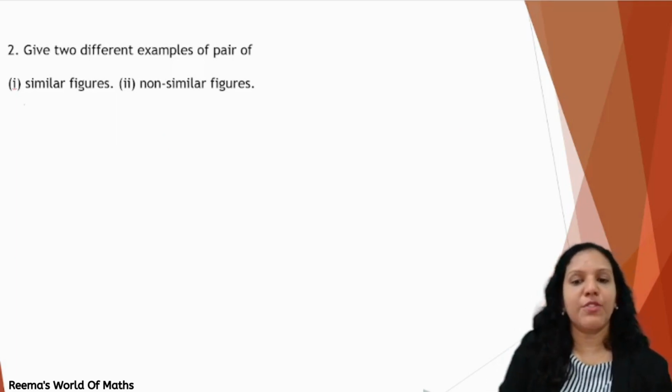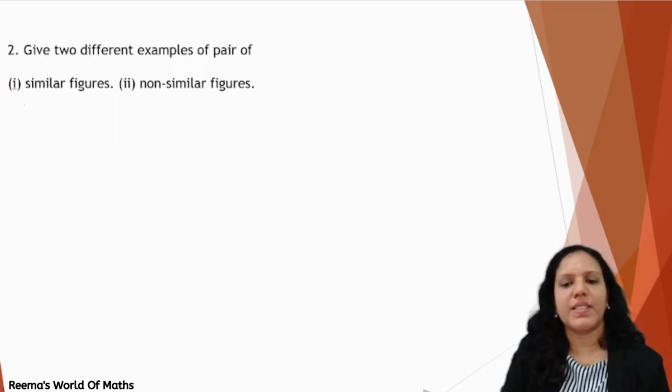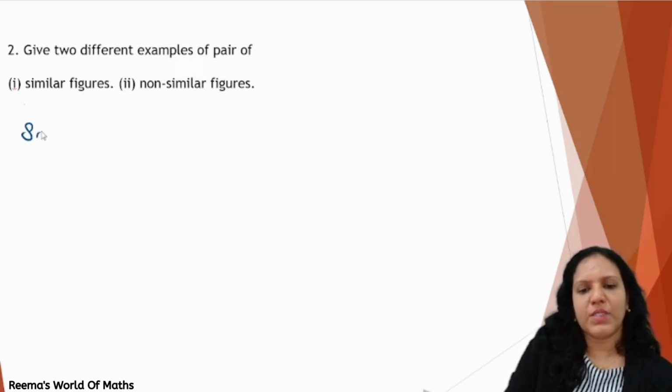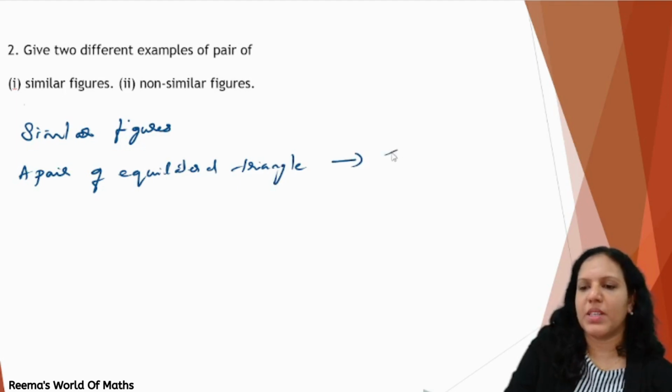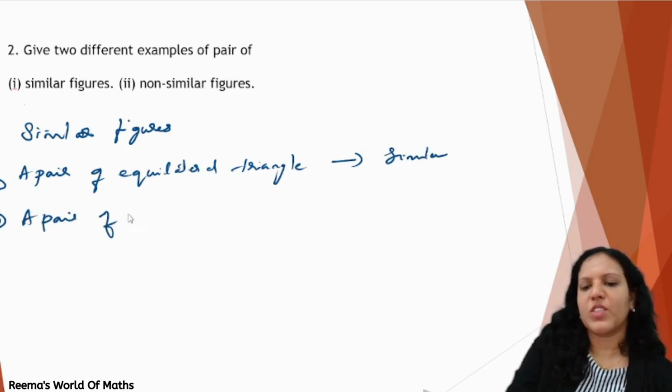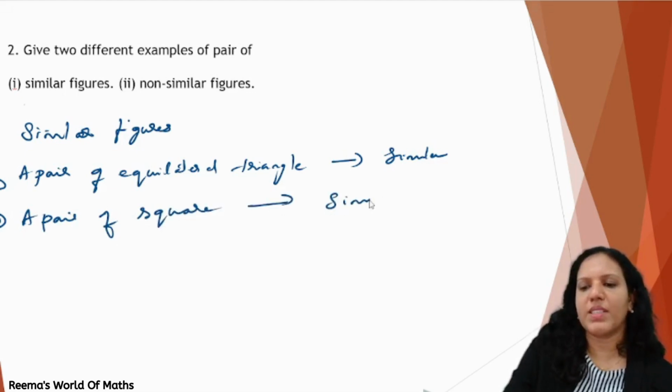So next question is: give two different examples of pairs of similar figures and non-similar figures. For similar figures, it can be a pair of equilateral triangles, which will always be similar, and next can be a pair of squares, which will also always be similar.